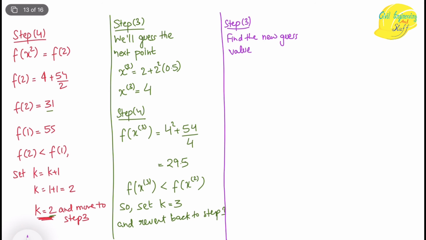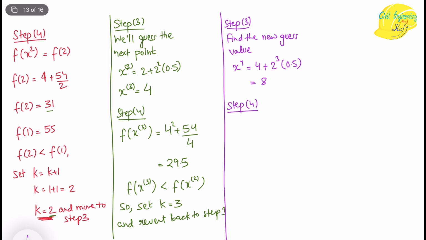So that will be x4, which is equal to 4 plus 2 cube into 0.5. So this will be 8. This is your step 3. Let's move to step 4.